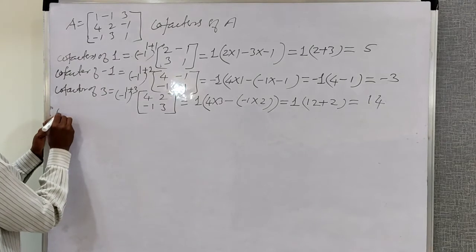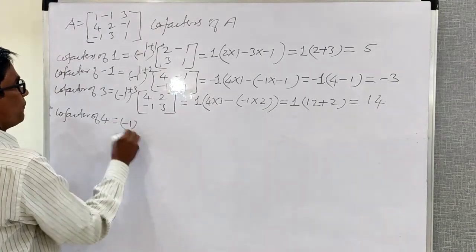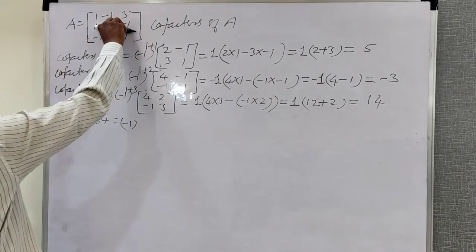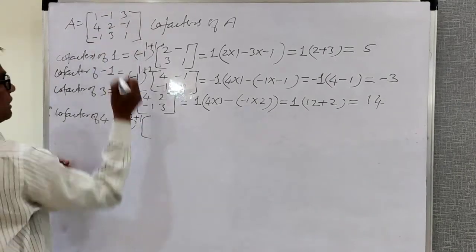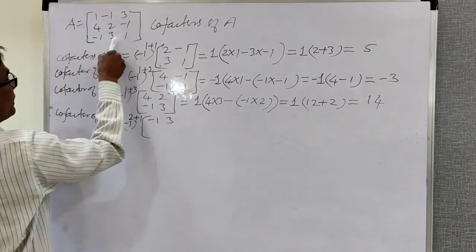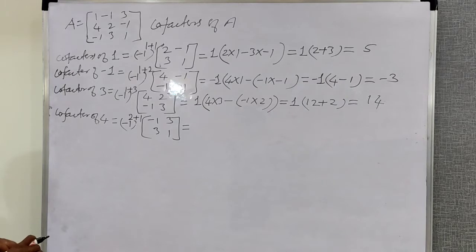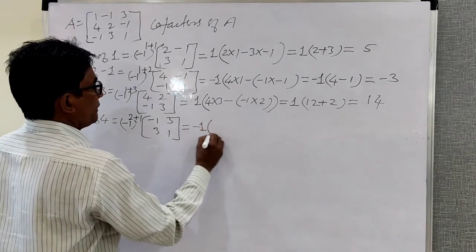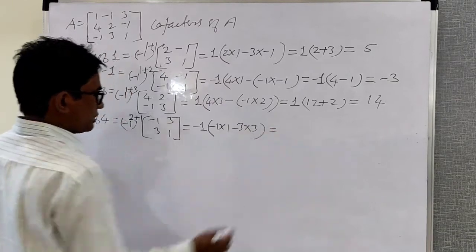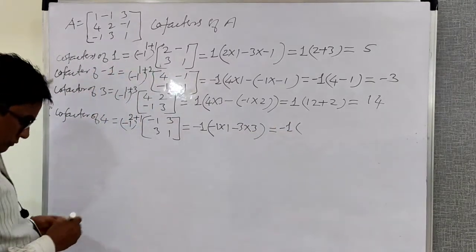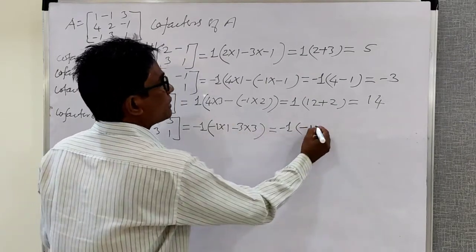Cofactor of 4, minus 1 into 4 comes in second row, first column, and the cofactors are minus 1 3, 3 1, minus 1 power 2 plus 1, 2 plus 1 means 3, 3 means odd number, therefore it is minus 1 into minus 1 into 1 minus 3 into 3, which is equal to minus 1 into 1 minus 1 and minus 3 into minus 3 minus 9.